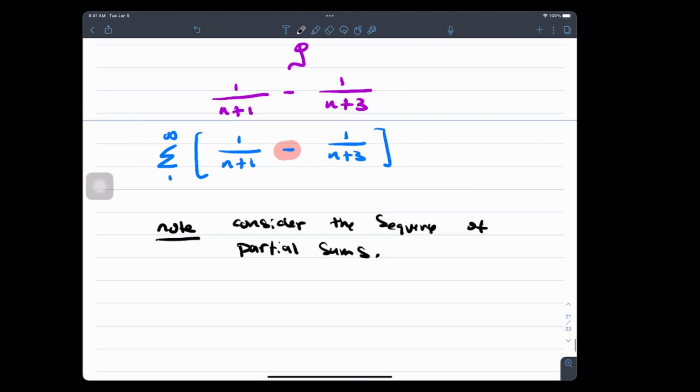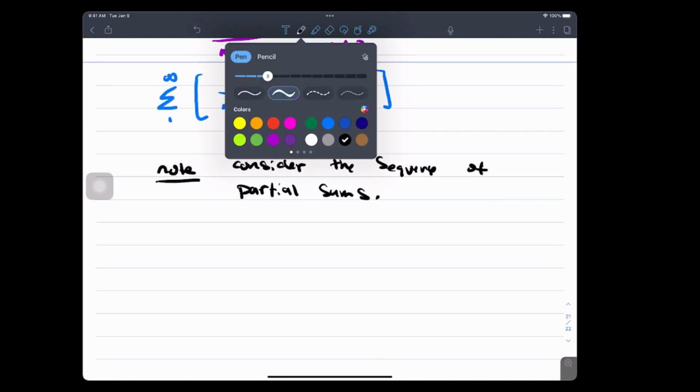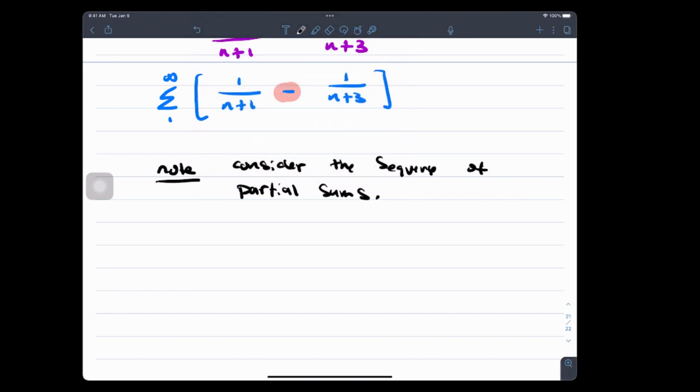Okay. Anyway, good morning to all of you there. So consider the sequence of partial sums. So what that's going to mean is this. We're going to have to say, okay, Sn, your sequence of partial sums, or Sk, whatever you want to do here.